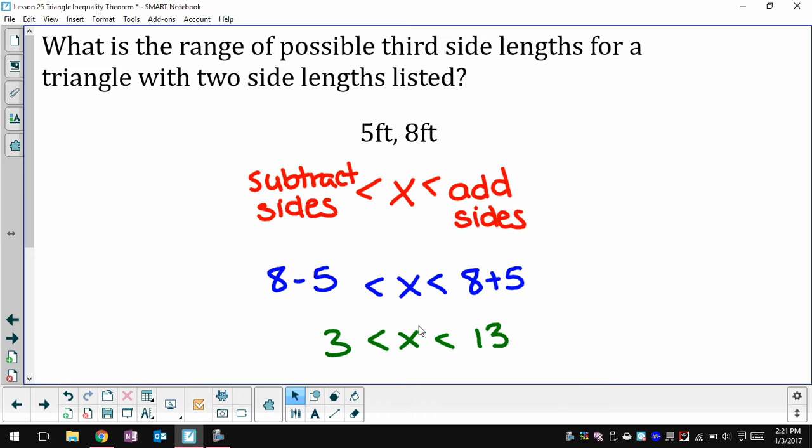That tells me that my third side must be greater than 3 feet and smaller than 13 feet. It's important to point out that because it's smaller than 13, it can't be 13 feet. It also cannot be 3 feet. It's got to be bigger than 3 and smaller than 13.